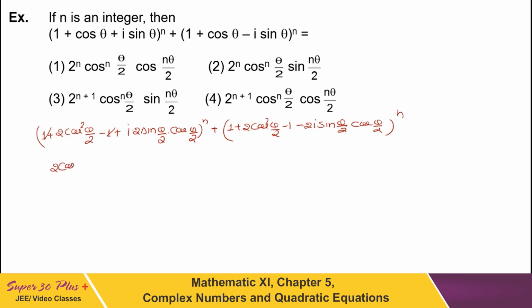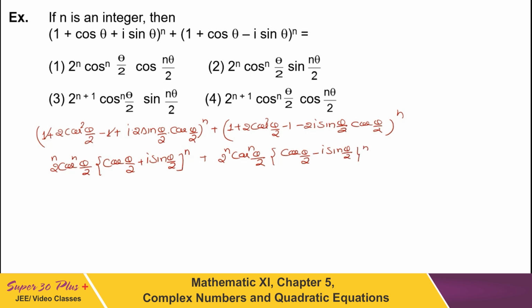So it is 2 cos theta by 2 into (cos theta by 2 plus iota sine theta by 2) whole power n, which means n is raised on each, plus 2 to power n cos n theta by 2 into (cos theta by 2 minus iota sine theta by 2) whole power n.